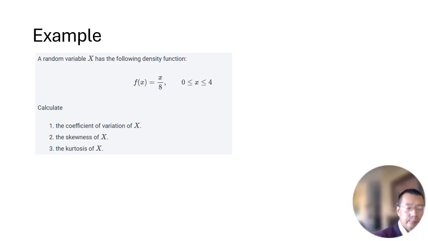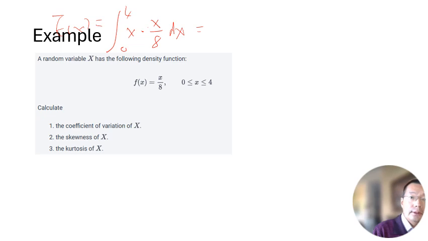Okay, we are given the density function, so the first step is we calculate E[X], or the mean. E[X] would equal, according to the definition of the first moment, the integral of x times f(x), which is x over 8, from 0 to 4.